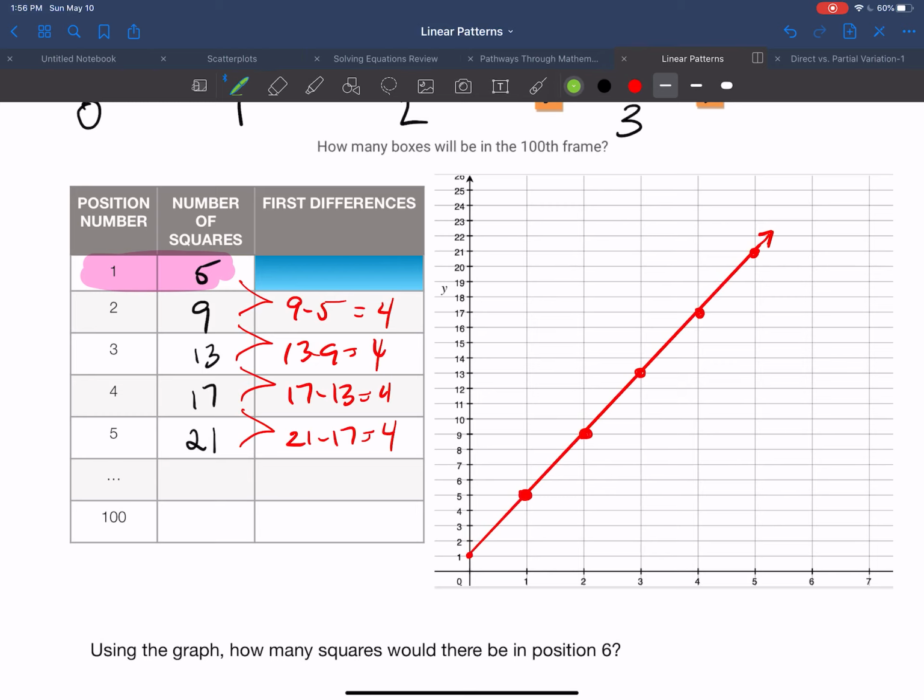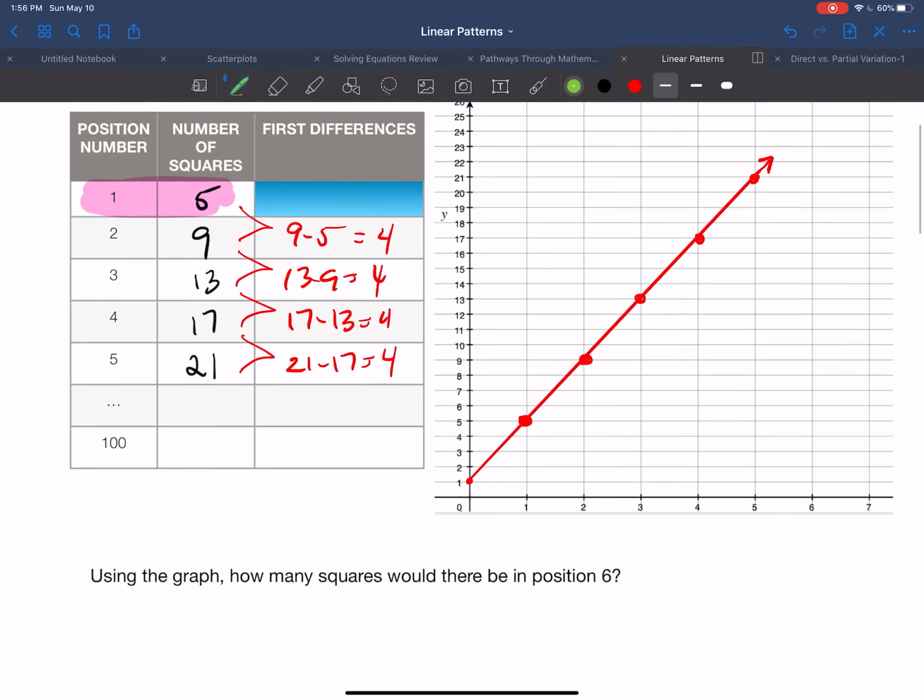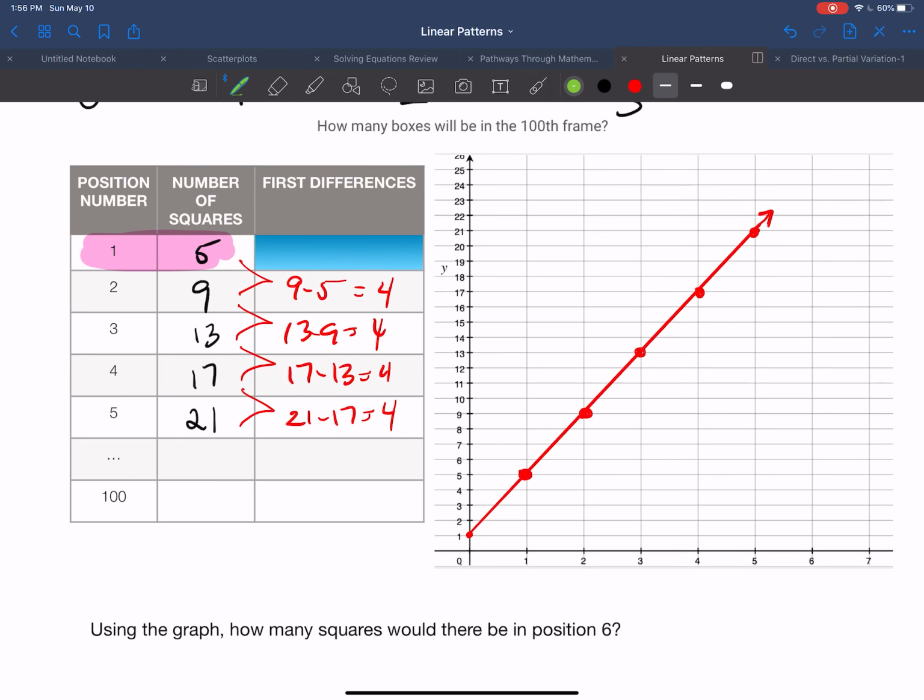And the question now is saying, using the graph, how many squares would there be in position 6? So my graph doesn't go there quite. But if I extended the graph, I kept it going, to look like that, then I go to position 6. I go up.